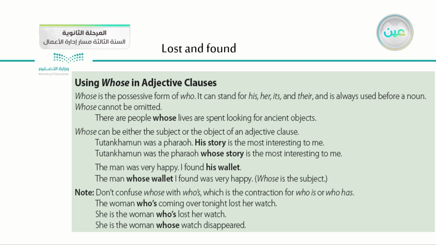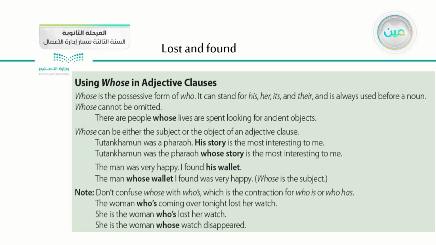His story is the most interesting to me. And of course, in this example, we have Tutankhamun was a pharaoh whose story is the most interesting to me. The man was very happy. I found his wallet. And of course, here we can use whose: the man whose wallet I found was very happy. So here whose is the object of this sentence.